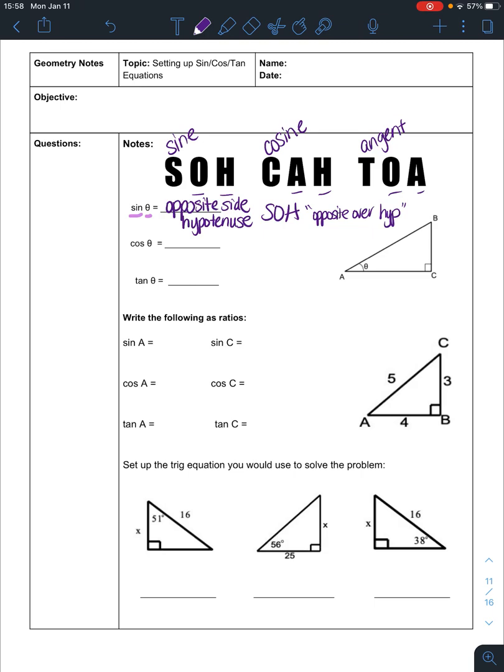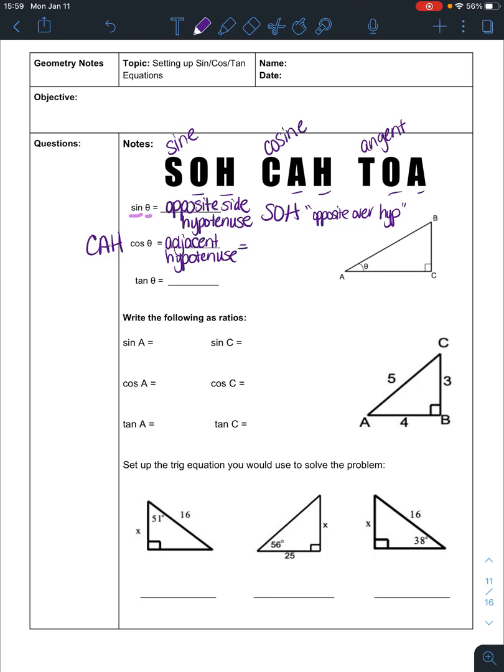The cosine of the angle would be adjacent, so C-A-H, "ka," would be the adjacent side divided by the hypotenuse. Adjacent over hypotenuse.